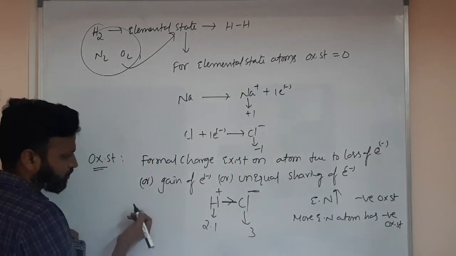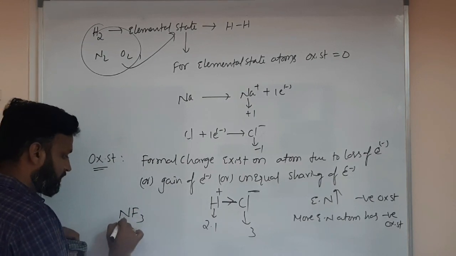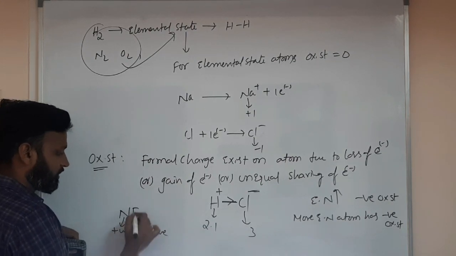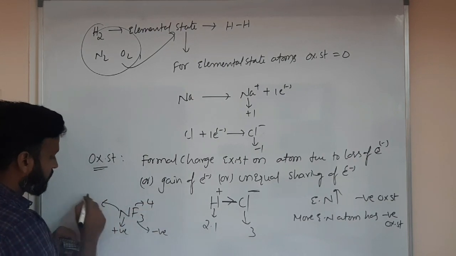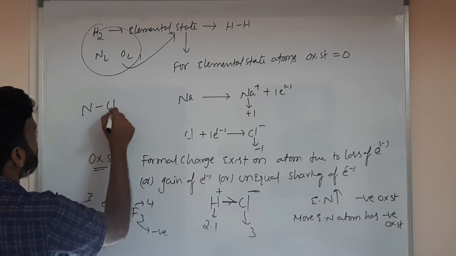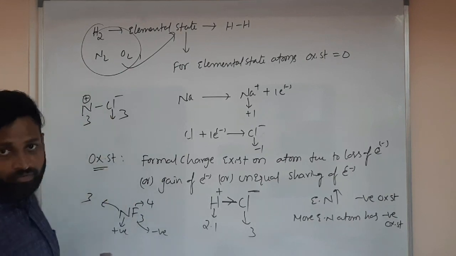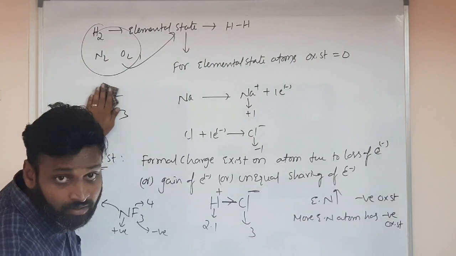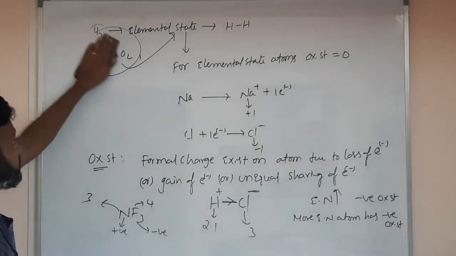Like H2S or NF3: nitrogen has a positive oxidation state here, fluorine a negative oxidation state, because fluorine's electronegativity is 4 and nitrogen's is 3. Among N and Cl, chlorine is negative and nitrogen is positive, even though the electronegativities are the same; I said the bottom elements have negative oxidation states. Do you remember? That is very, very important. Please remember and take a screenshot.